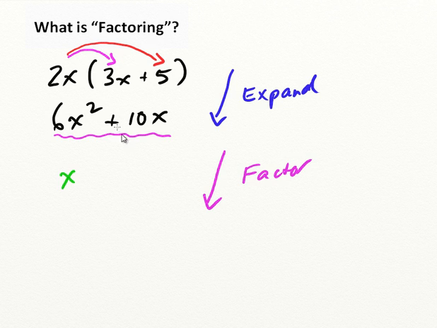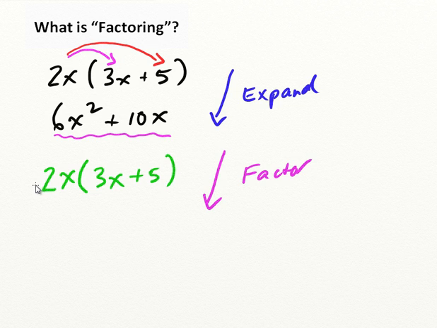In fact, 2 is the greatest common factor between 6 and 10. So if I common factor out the 2x, what I'd be left with inside the brackets is 3x, and then the 10x, when I divide that by 2x, I would be left with 5. And you can see that we're back where we started.